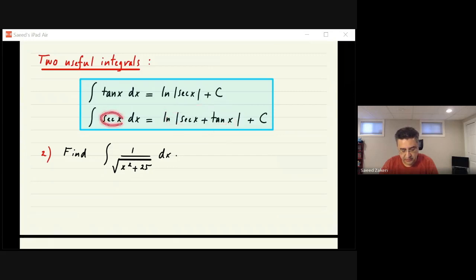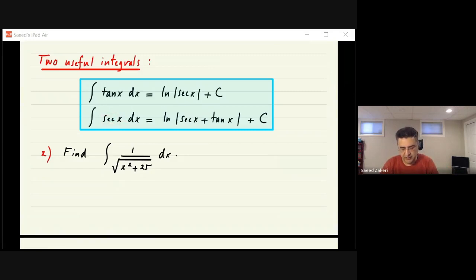Ln of u has derivative u prime over u. What is the derivative of this? Secant x tangent x plus secant squared x. When you divide that by secant x plus tangent x, you factor a secant x from the top, the two big terms cancel out, and you're left with secant. So it's easy to check.